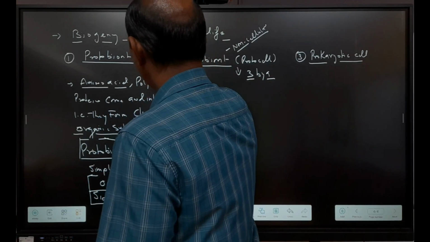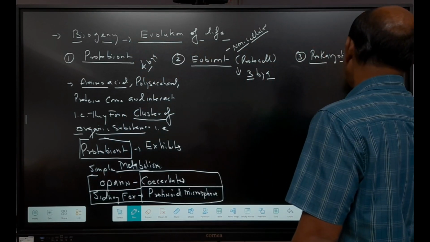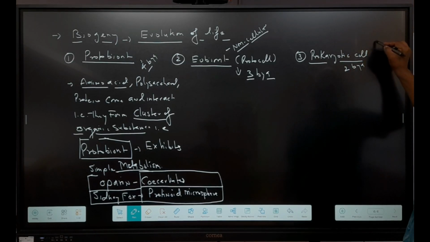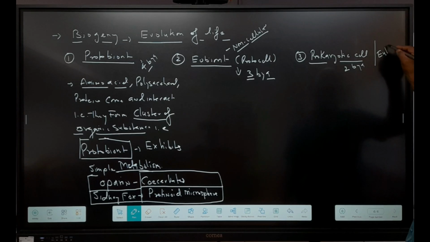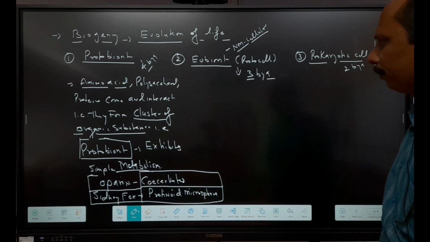This one is 4 billion years ago, and this one is 2 billion years ago. And if we consider the eukaryotic cells, they formed 1.5 billion years ago, right?